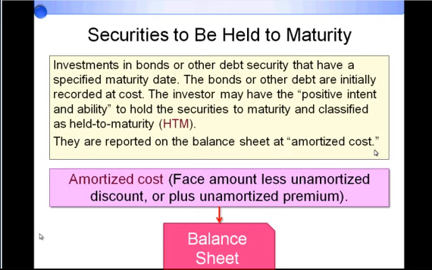So if we have a discount that we're amortizing over time, that's where the amortized cost comes into play rather than just the actual original cost. That amortization, whether it's a premium or a discount, will change the value on the balance sheet. It'll bring it closer and closer to the face value over time.